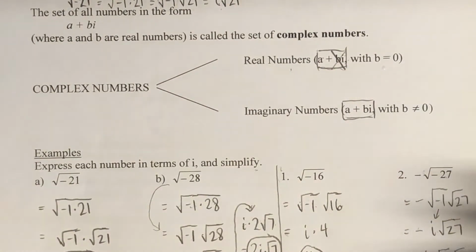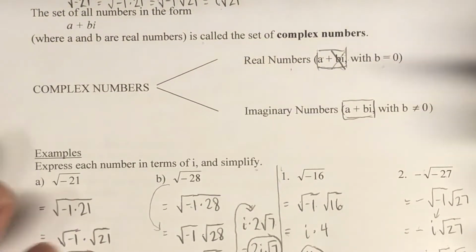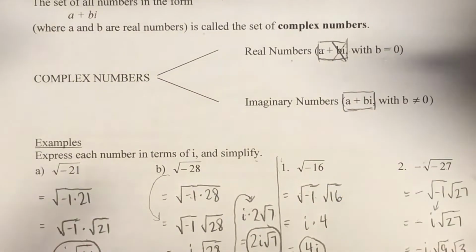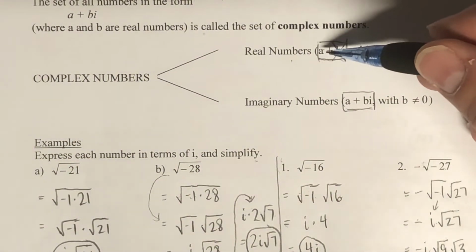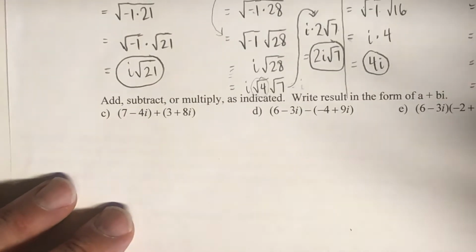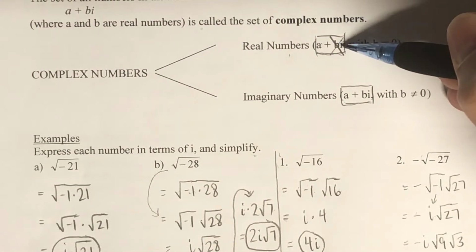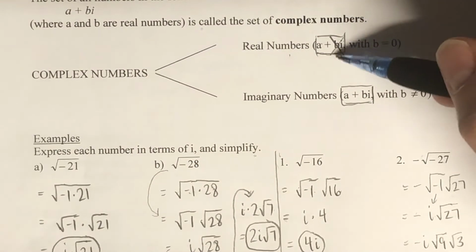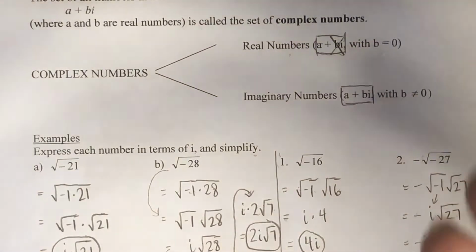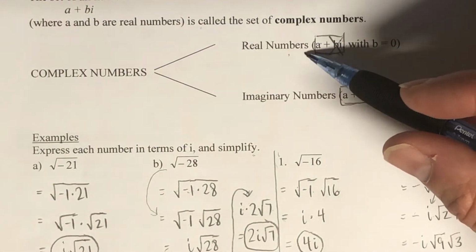If you don't have an i in your number, or something equivalent to that, like the square root of -1, if it's just a normal number, like for example, if I got rid of the 8i and I just said 3, that's a real number. So you could have a plus bi where the b is 0, which is the same thing as just getting rid of the bi. It's kind of like the bi part is still there, but it's invisible. That would be a real number.